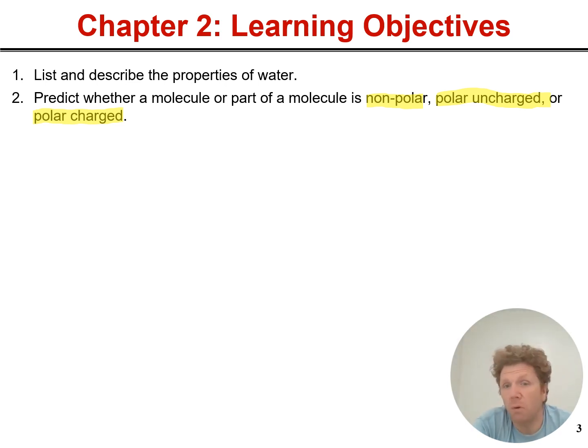It has a pole. It has a positive pole, a negative pole. Whereas something that's nonpolar simply cannot be charged. So that's kind of the entire nature of polar versus nonpolar. So I want you to remember that, but think about classifying and predicting if a molecule falls into one of these three major categories.